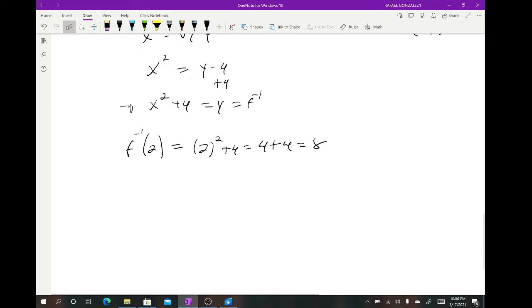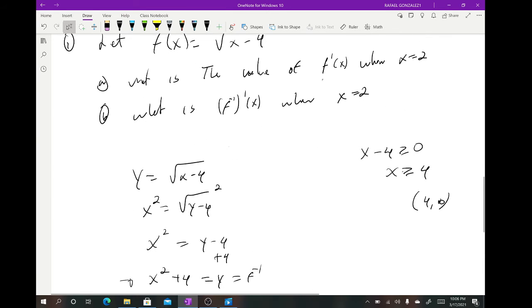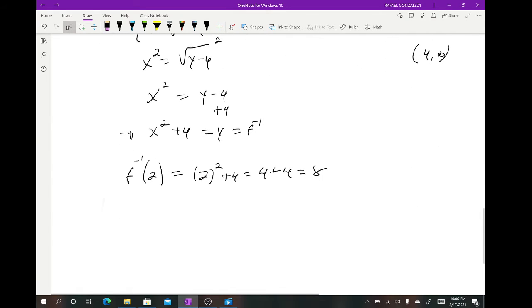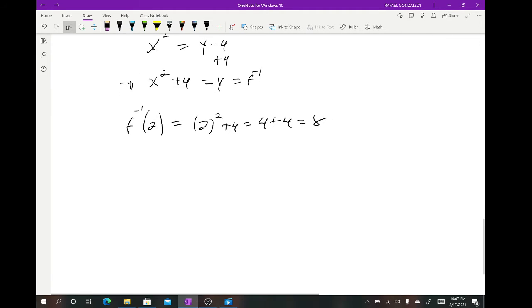Now, what is the value of f inverse prime, of the derivative, when x equals 2? Okay, so for this particular function, it is actually quite easy for us to take the derivative and then just plug in. But for the sake of argument, and to use the theorem, let's apply it.